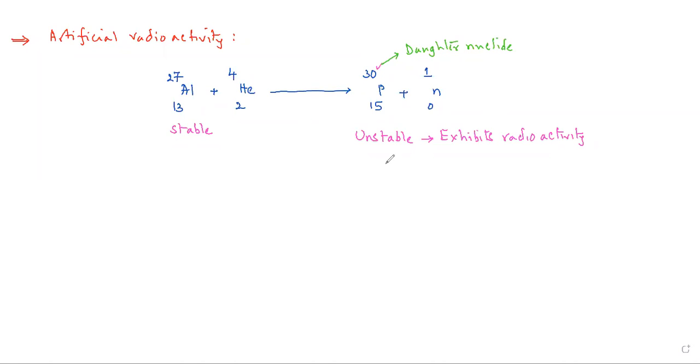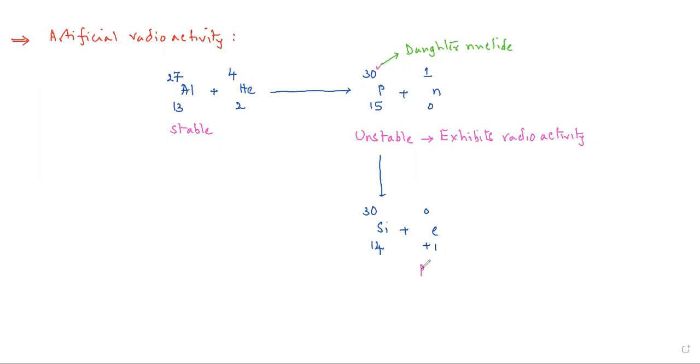Now, this exhibits radioactivity. That means it emits some particles. It emits a positron and gets converted into silicon 14 30.